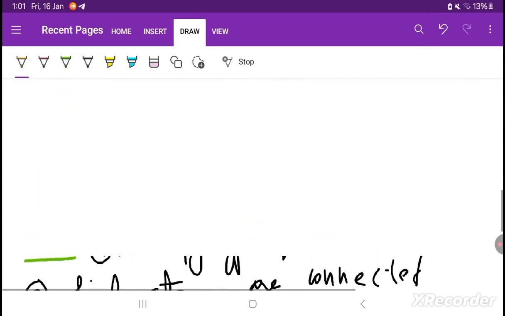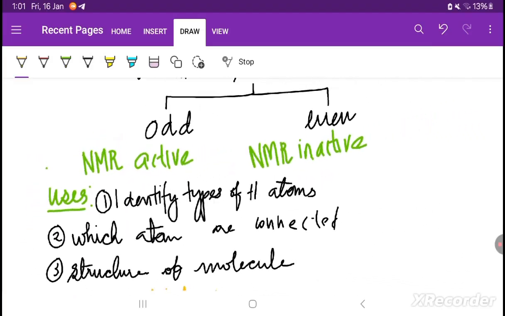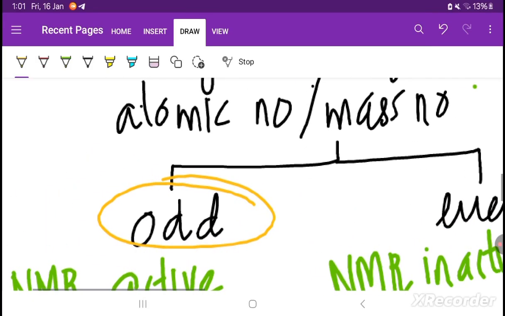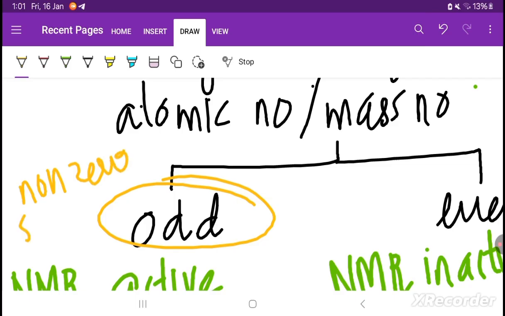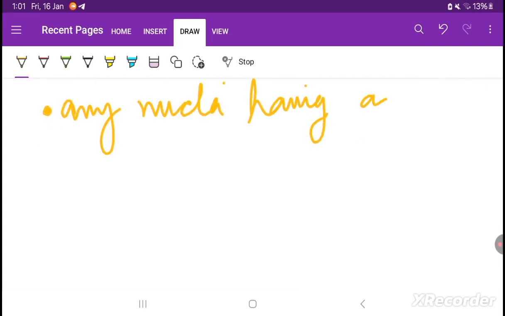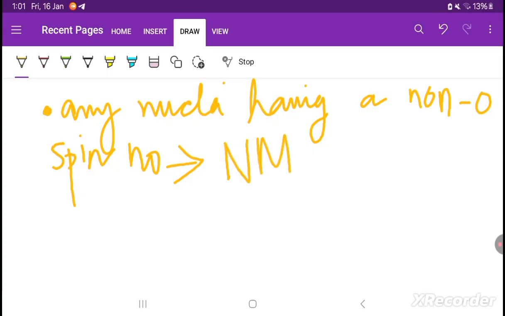Those which have an odd atomic number or mass number will have a non-zero spin number. So we are writing it again: any nucleus having a non-zero spin number can be used in NMR.